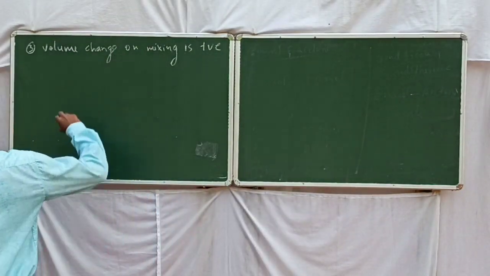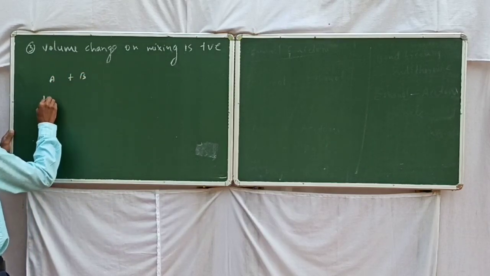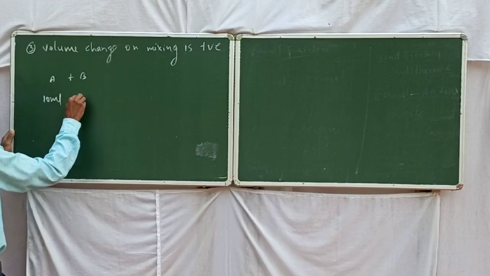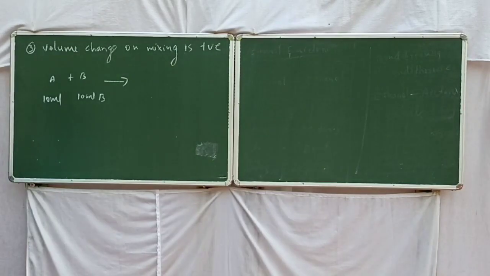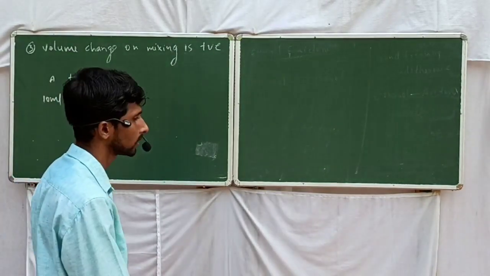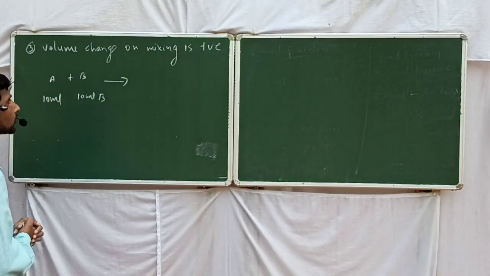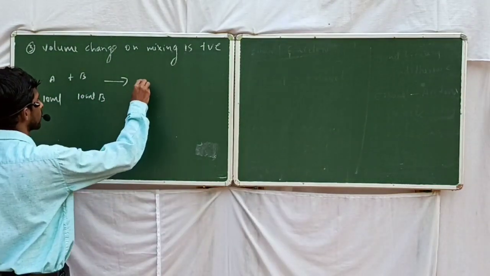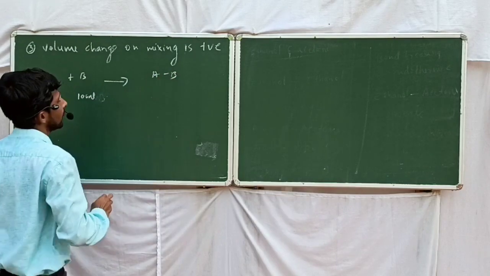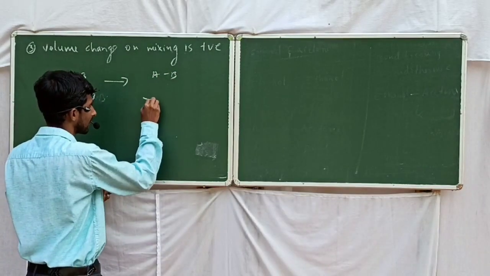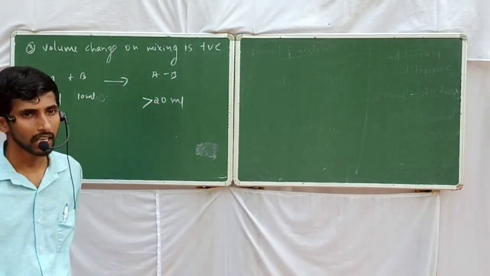That means take two components A and B, and you are mixing them. You are taking 10 ml of A, 10 ml of B. In case of ideal solution, what is the final volume of the solution? That is 20, right? But in case of non-ideal solutions showing positive deviation, 10 ml of A with 10 ml of B will form solution AB, and the volume is greater than 20 ml.